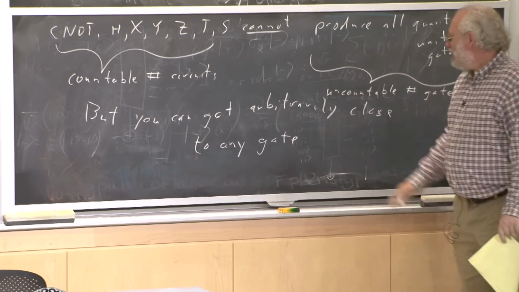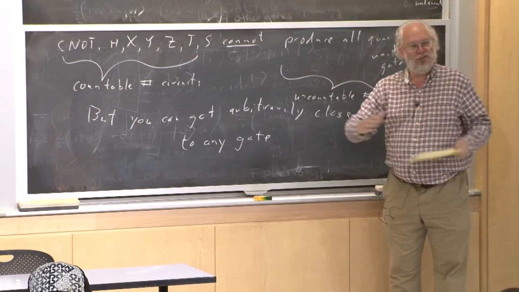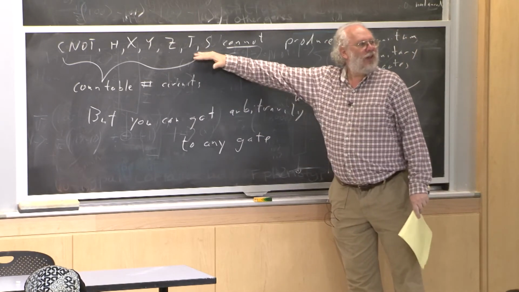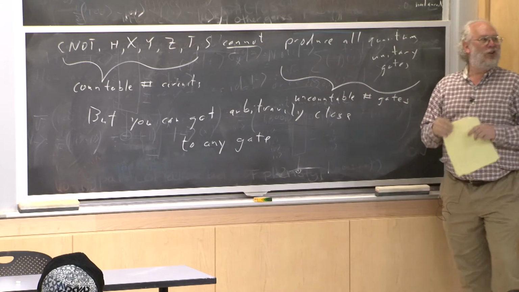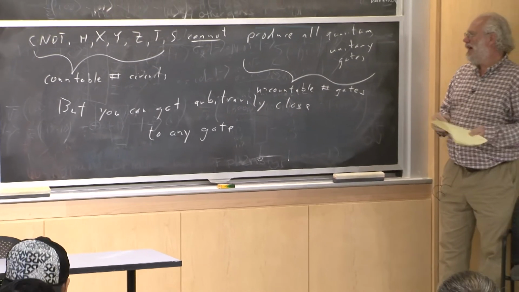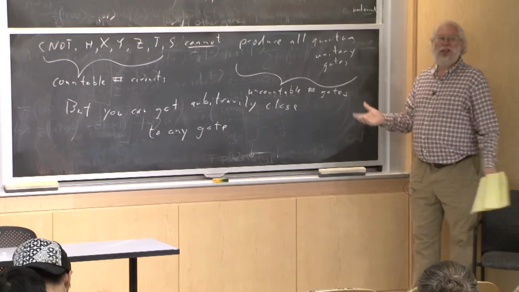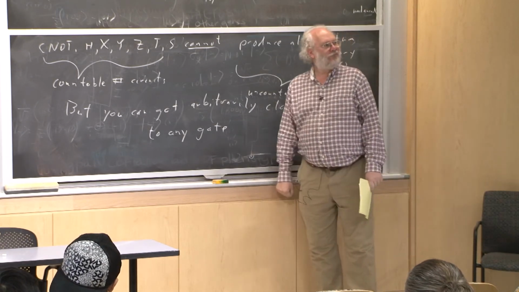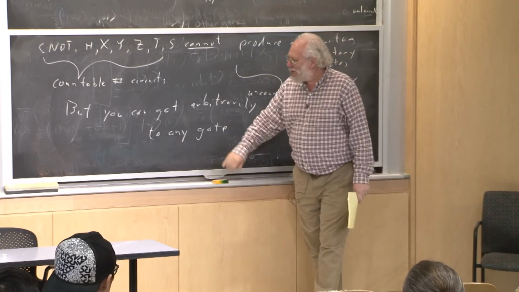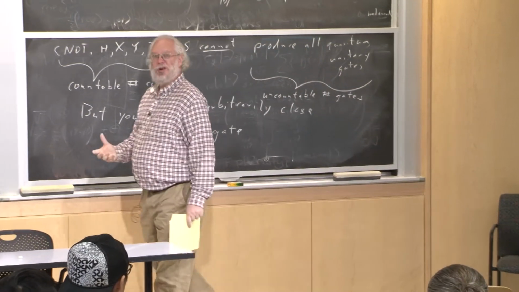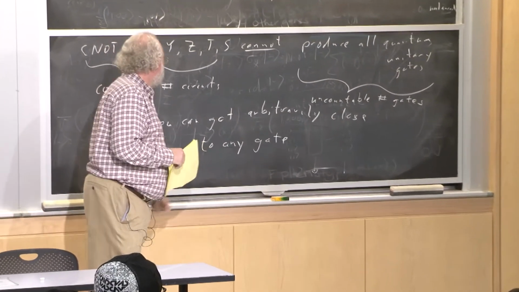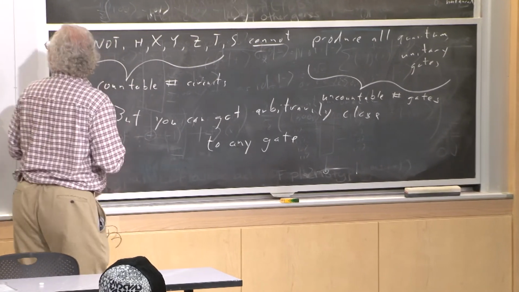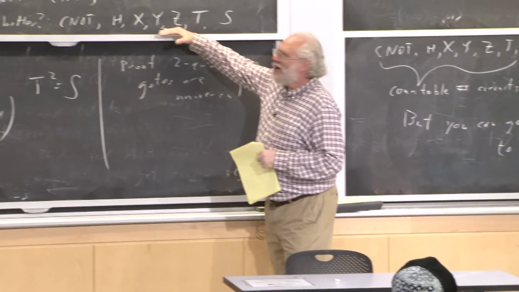And in fact, you can get arbitrarily close to any gate with a circuit of reasonable size, where you need to define what reasonable is, but it's polynomial in the error you want. That's called the Solovay-Kitaev theorem. It's not easy to prove, and we're not going to prove this. But so this is actually good enough.